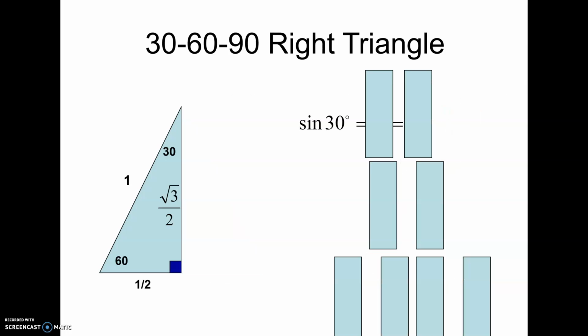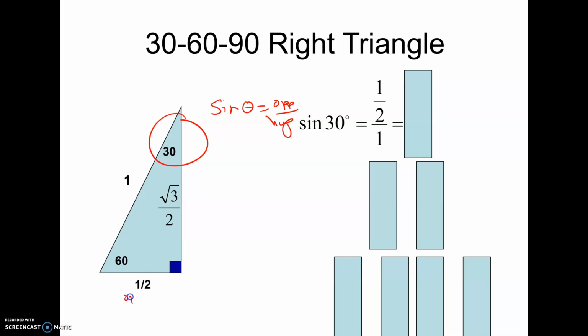Okay, so now this is the fun part where I show you where all these values come from. If I want the sine of 30, remember that sine of an angle is equal to opposite over hypotenuse. And if this is my point of reference, then this side is opposite, this side is hypotenuse. So that's where I get 1/2 over 1, which ends up being 1/2.